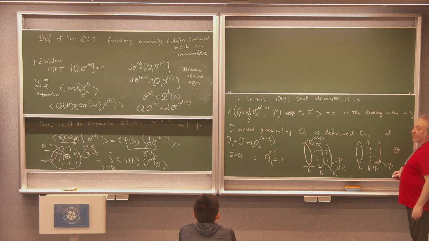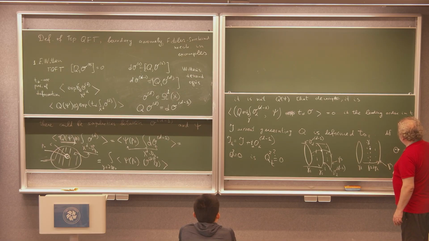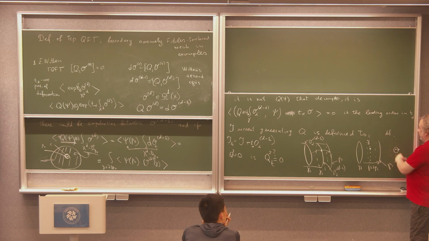And I have this particular linking between the contour and the point. And I still need to integrate this linking over the contour gamma.